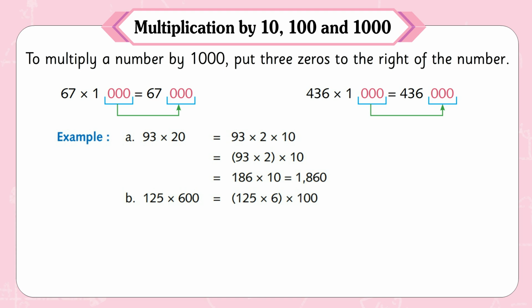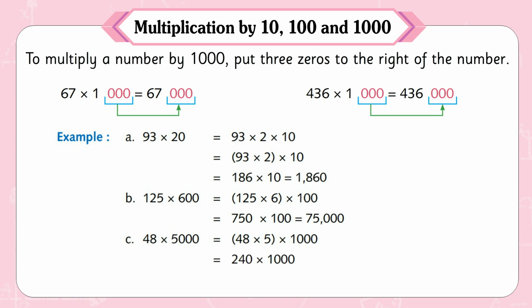B. 125 into 600 is equal to bracket 125 into 6 bracket closed into 100 is equal to 750 into 100 is equal to 75,000. C. 48 into 5,000 is equal to bracket 48 into 5 bracket closed into 1000 is equal to 240 into 1000 is equal to 2,40,000.